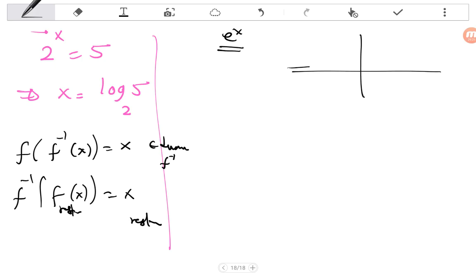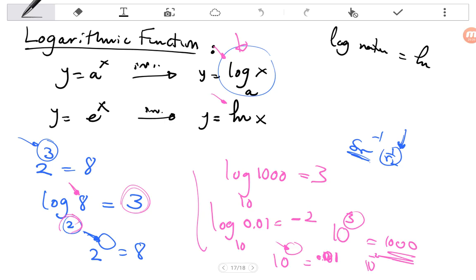Do I need any restriction for an exponential function? No. An exponential function doesn't need any restrictions. It is by itself 1-to-1. So that's why the inverse is defined without any domain restrictions.